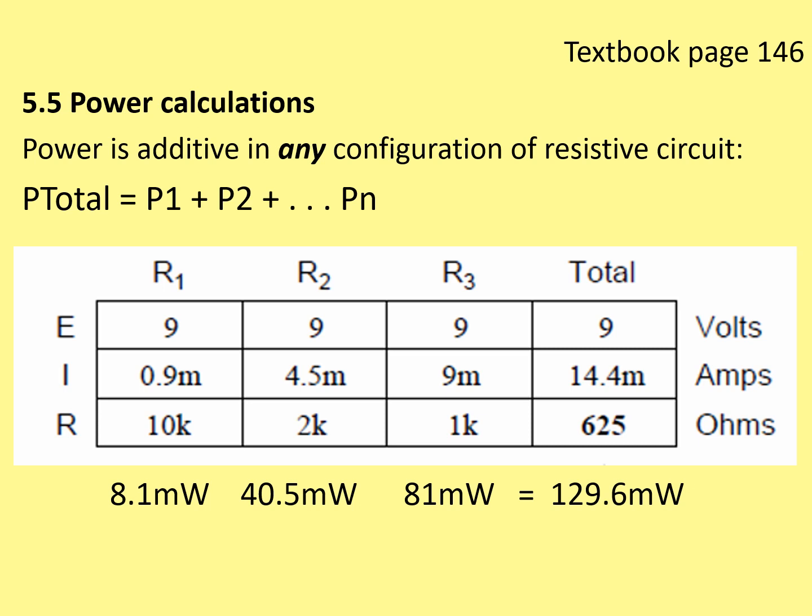We will talk more about power configurations and maximum power transfer later in the quarter, but right now we're just doing basic power calculations: power equals I times E, and it's really not much different in series and parallel. They're both additive in any configuration of a resistive circuit.